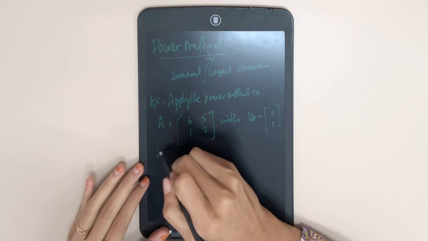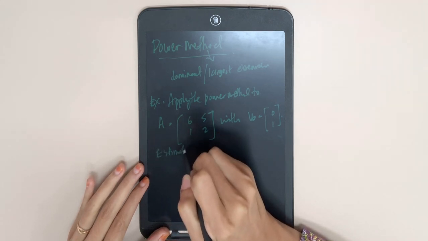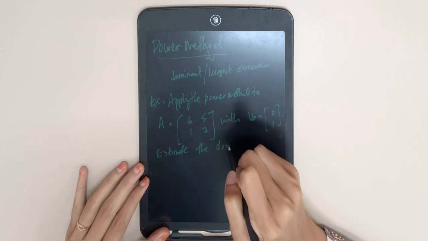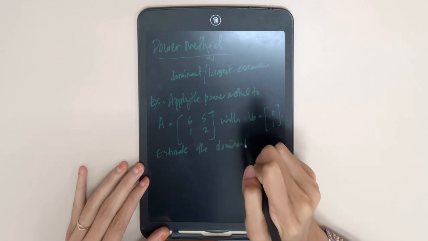So the question asks you to estimate the dominant, so it uses the word dominant. Dominant means largest.